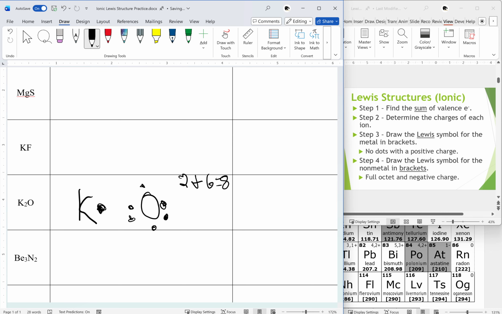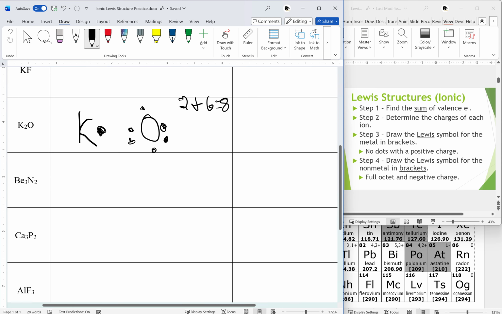Potassium is going to lose 1 and become a plus charge. Oxygen will gain 2 total and become a 2 minus, so it gets 2 extra dots. Then we'll draw brackets around that and the dots. That's how our ions will be.